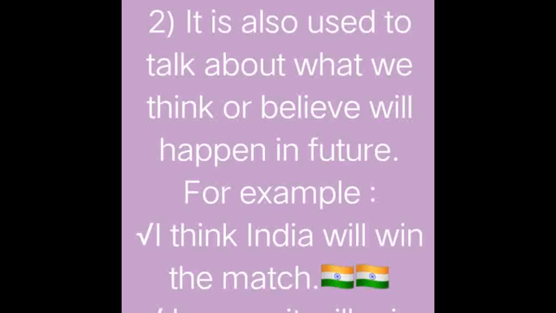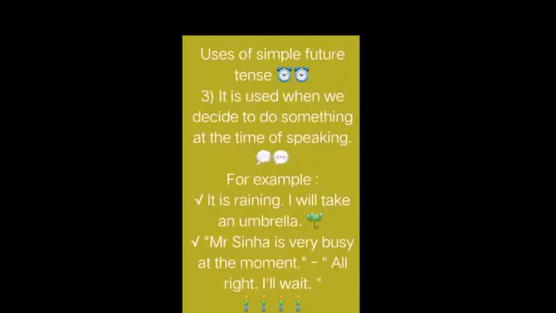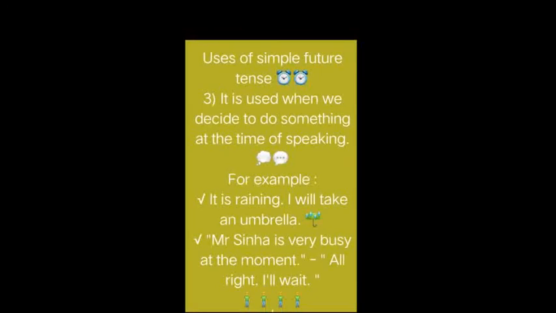It is also used when you decide to do something at the time of speaking. For example, it is raining, I will take an umbrella. So you are talking, it is raining, and what do you decide at that moment? I will take an umbrella.